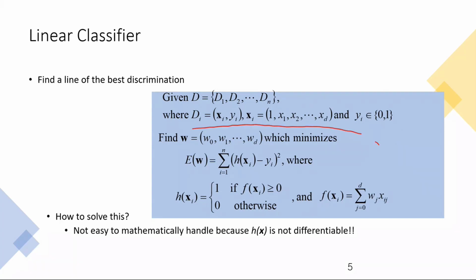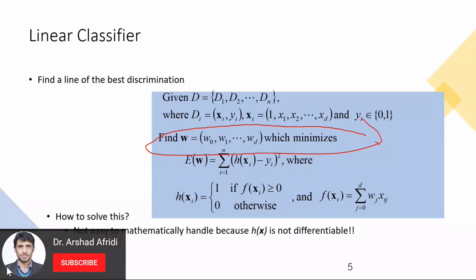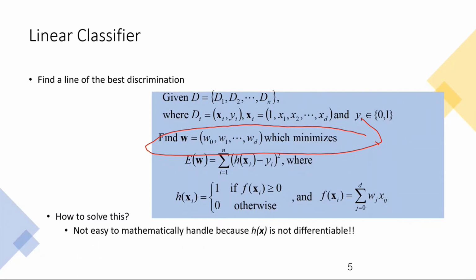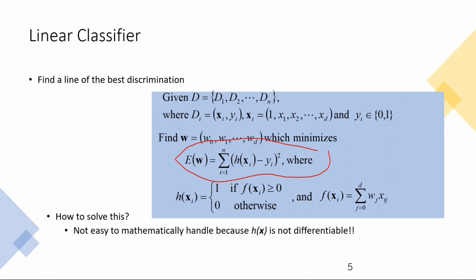Again, this is all about W's, that is weights. These weights will follow you till your last moment if you are in this field. And you need to find the error function where your h of x, which is a classifier, is equal to 1 if a function is greater than 0, or otherwise 0.